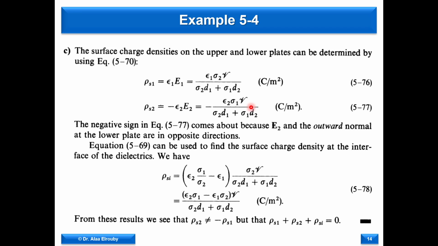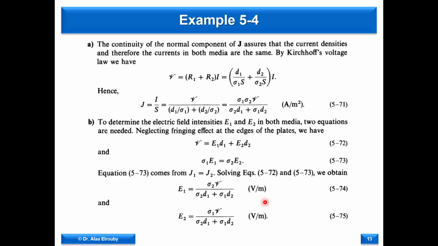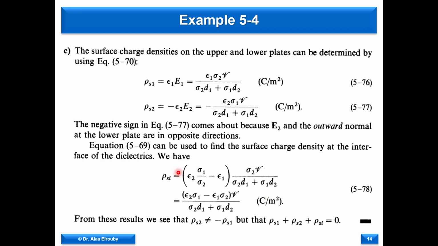One important thing here: at the interface between the two dielectrics, we have E1 and E2. Because of this setup, there will be some charge at the interface between the two dielectrics, which equals epsilon 2 E2 minus epsilon 1 E1. So that gives us the rho surface at the interface.